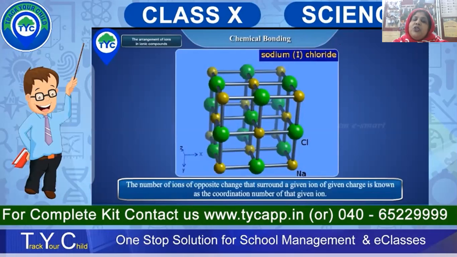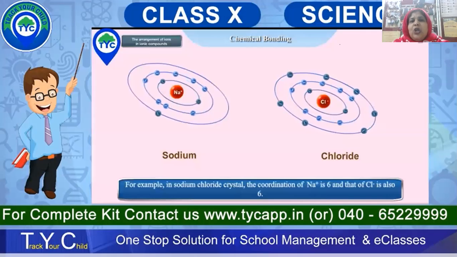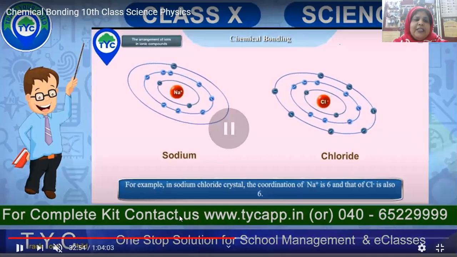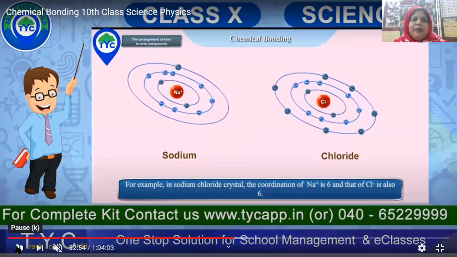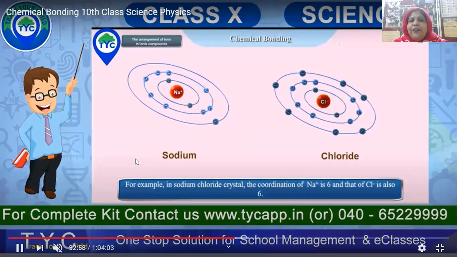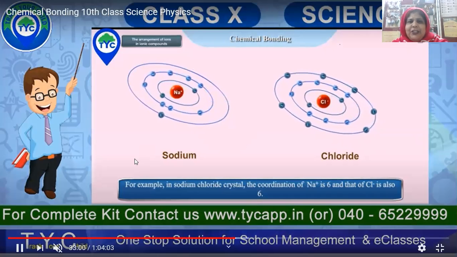The number of oppositely charged ions that surround a given ion is known as the coordination number of that ion. If you have seen the crystals of salt, you will be able to understand its shape and how beautifully these are arranged together.